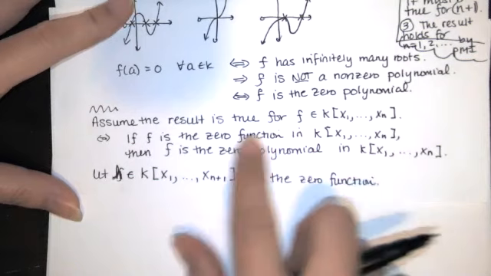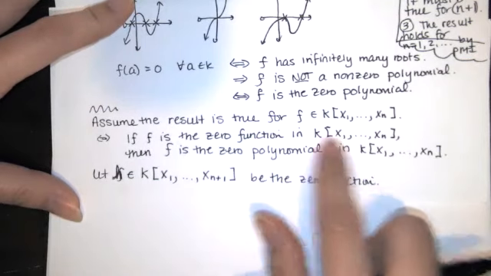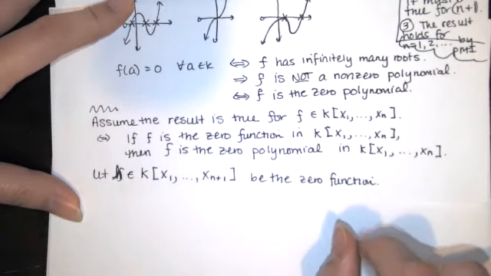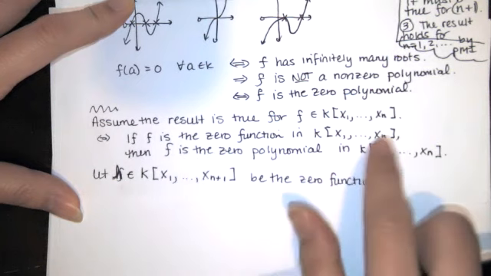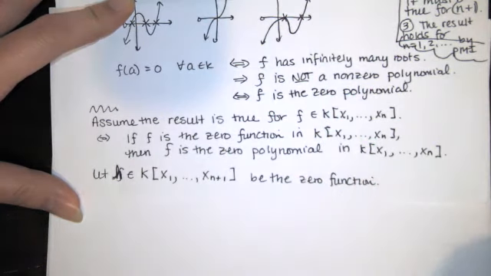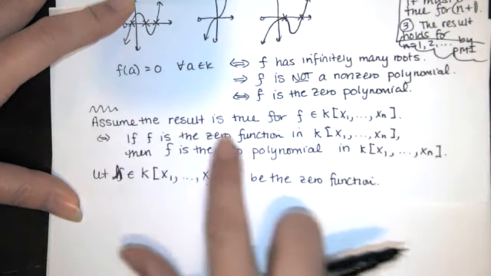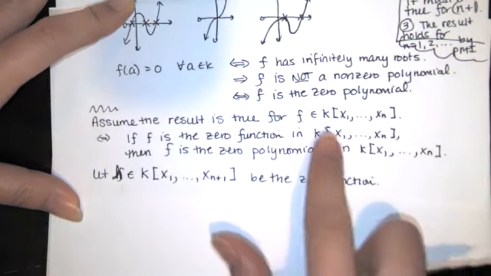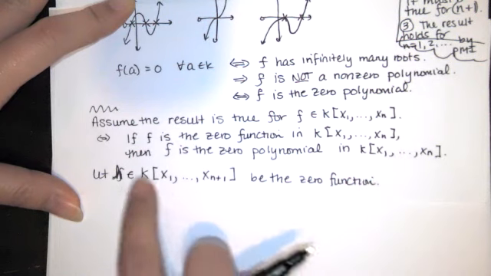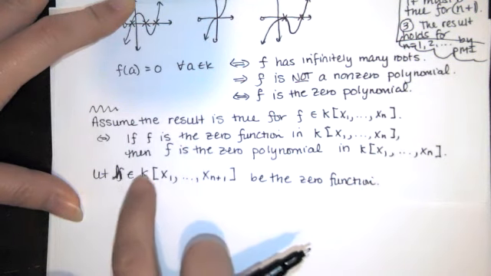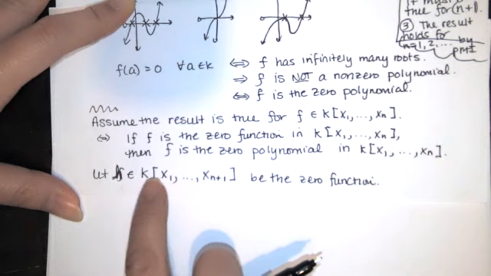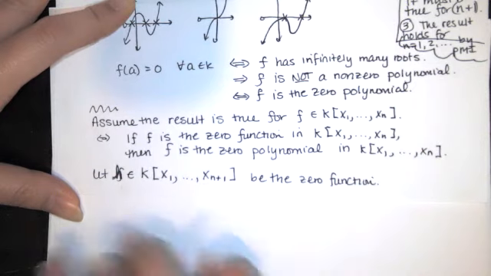We assumed that if f is the 0 polynomial in this nth dimensional polynomial ring, or this polynomial ring involving n variables, x sub 1 through x sub n, I guess I'm saying it wrong. If that's true, then this is true here. But we have not yet proven that this implies this when we're dealing with a ring in n plus 1 variables instead of n variables.